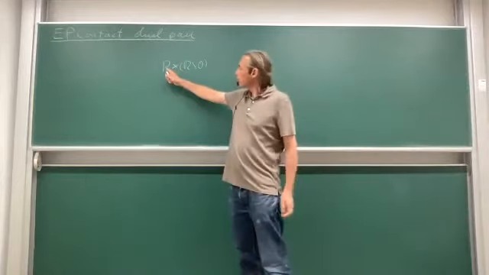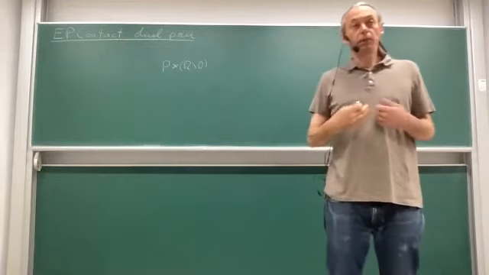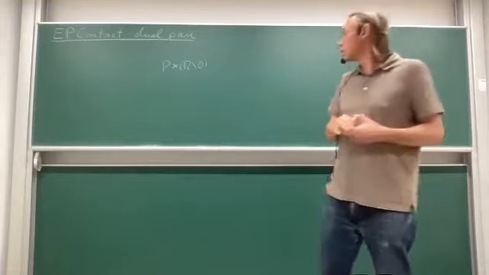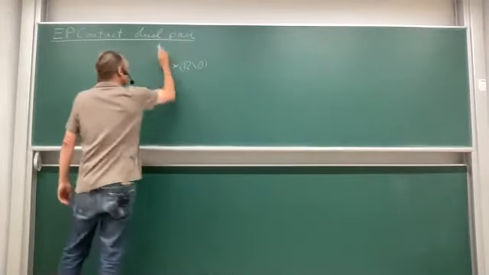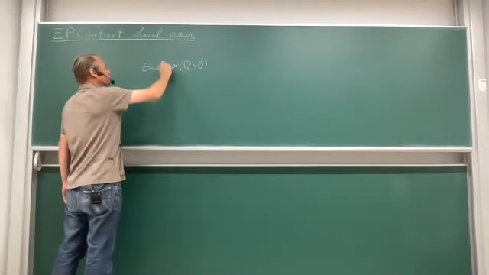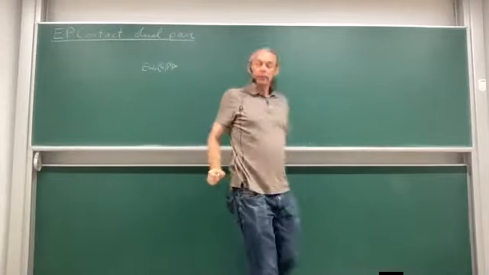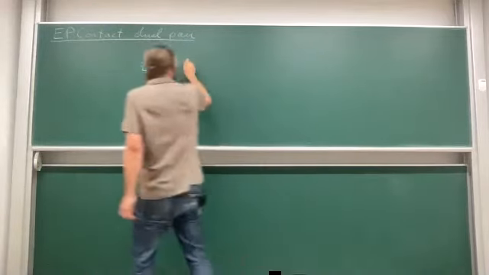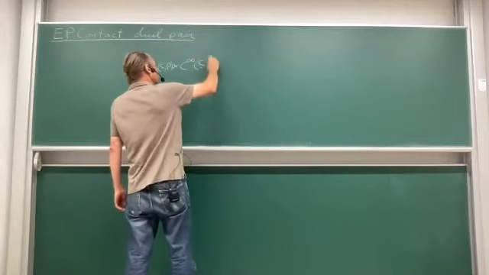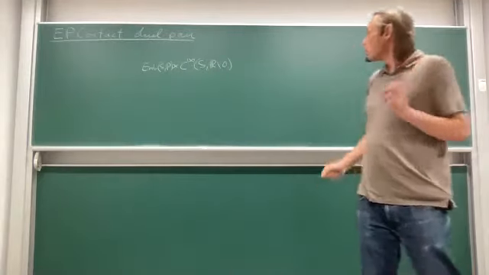Rather than looking at points in P, we will fix a closed manifold S and look at the embeddings of this closed manifold S into P. So we will replace the P with the embeddings from a fixed closed manifold S into P. And rather than looking at real numbers, we'll look at smooth functions on S into the real numbers minus 0.